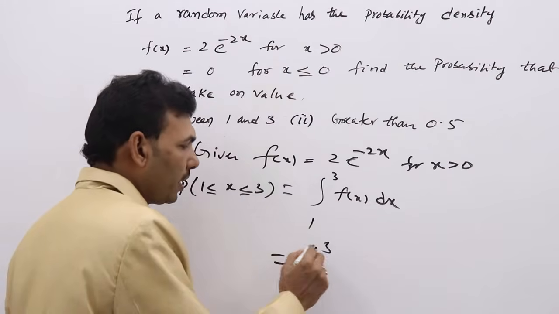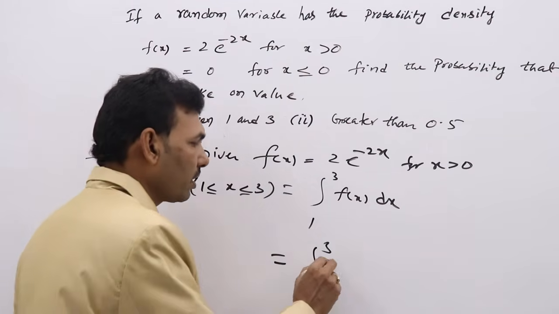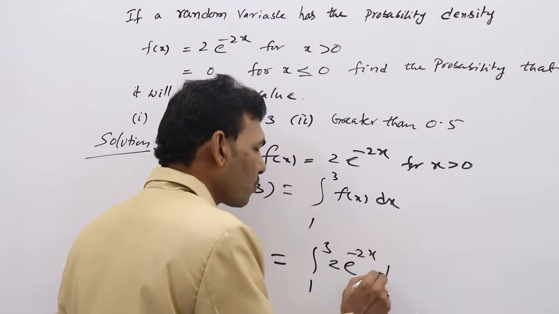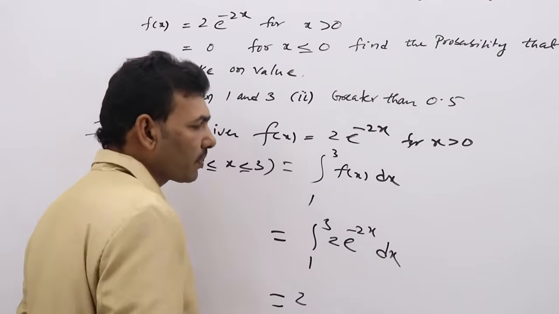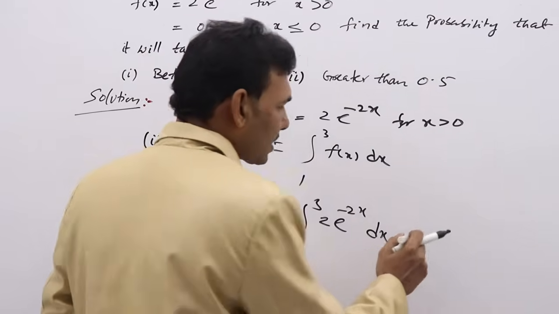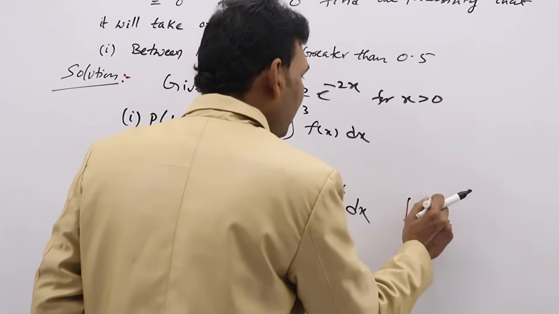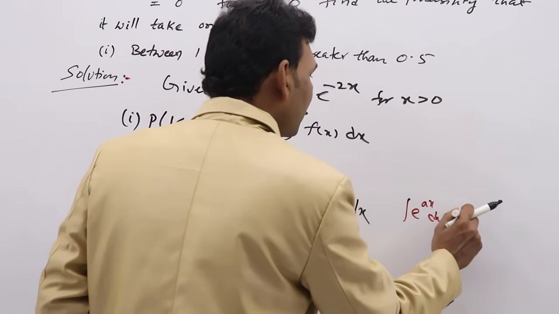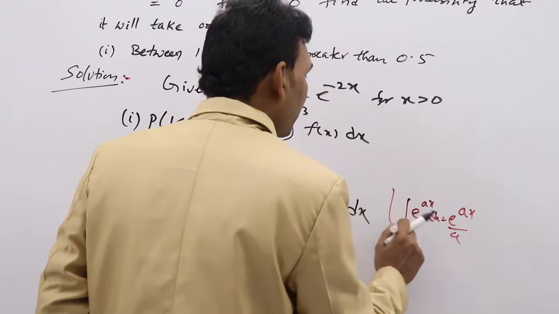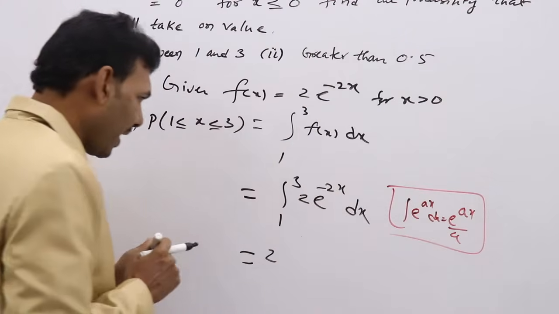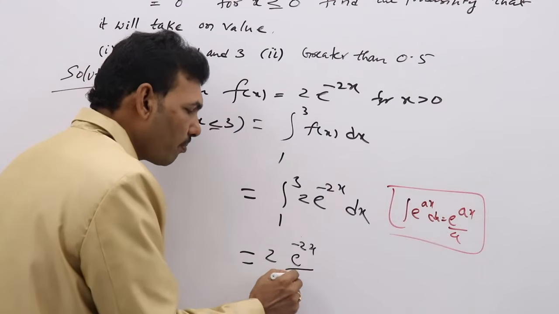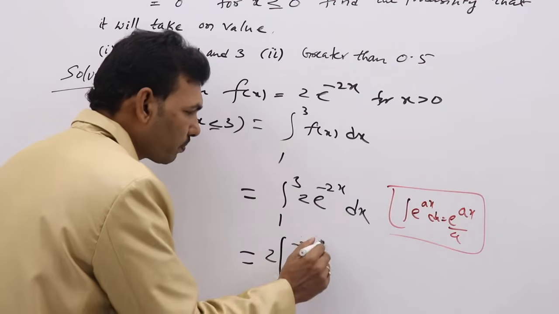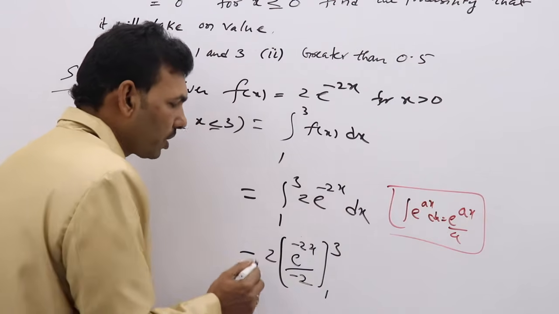What is f of x? Integral 1 to 3, 2 e power minus 2x dx. 2 is constant. Integral e power ax is e power ax by a. So using that, integral e power minus 2x by minus 2, limits from 1 to 3.